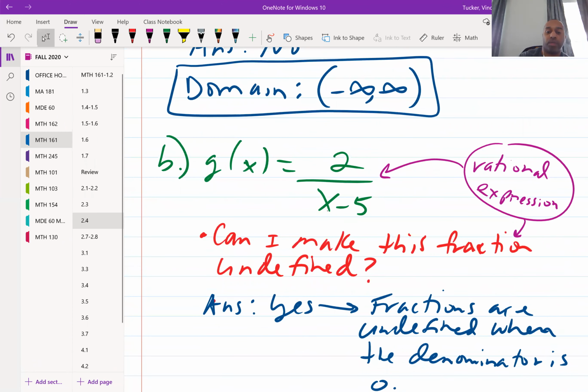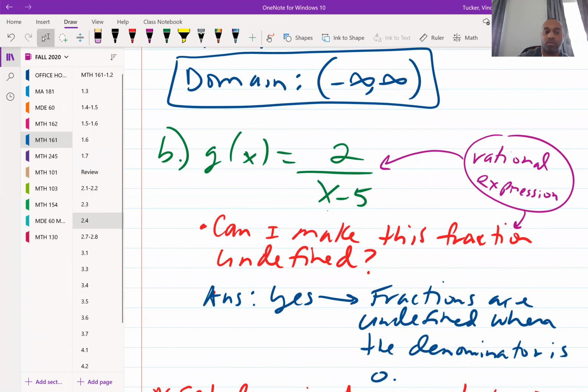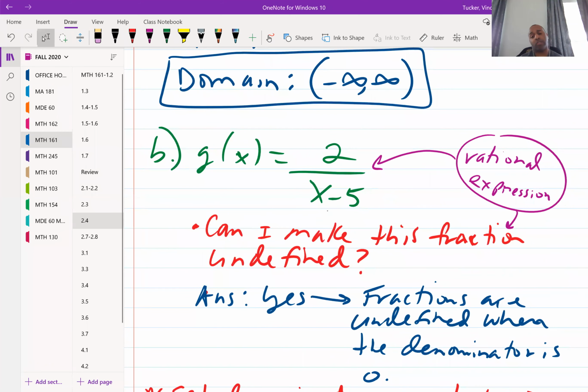Fractions are undefined when the denominator is 0. So that's why I was talking about a pre-existing condition. When I look at a rational expression, it is going to be undefined when the denominator is 0.